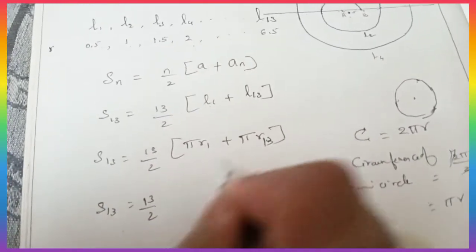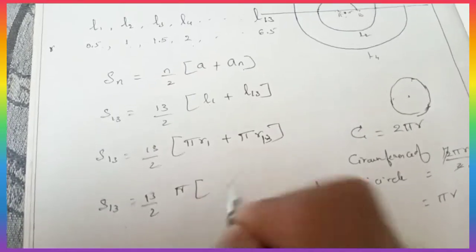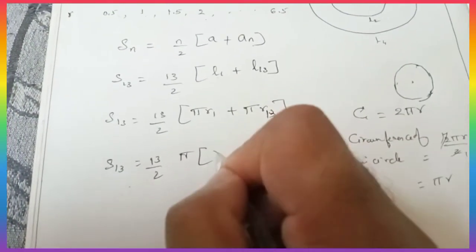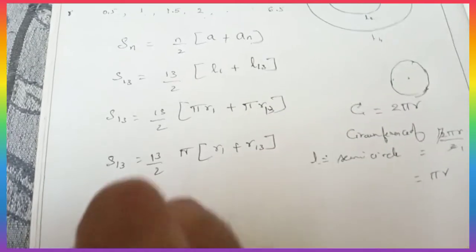We will take out pi as the common factor: pi into r1 plus r13.